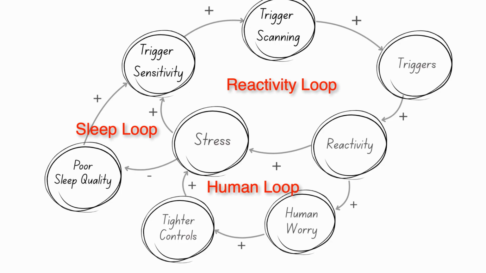All 3 are spinning together, all influencing each other, all connected through key variables like stress and reactivity. This is what a behavioral system actually looks like. The solution to understanding which loops to interrupt, which variables to change, and where the leverage points are in the system, well, that's where you find it, right there.